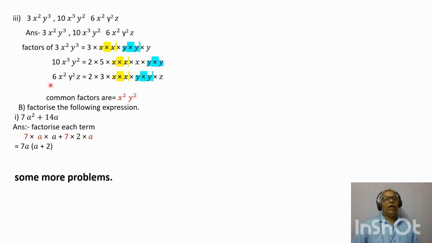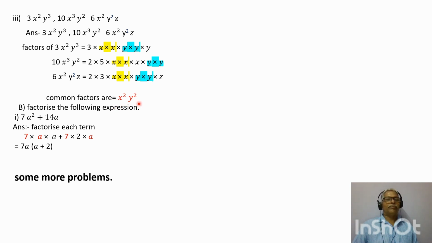And the third, 6x square y square z, is 2 into 3, 2 times x and 2 times y and 1 z. Okay, so if you look at it, 2 is common only in two of them, 3 is common in two, but not in all three. There is no 3 here and there is no 2 here, so these cannot be taken as common. What is common in all three is x, x, y, y. Okay, so the common factors are x square and y square.